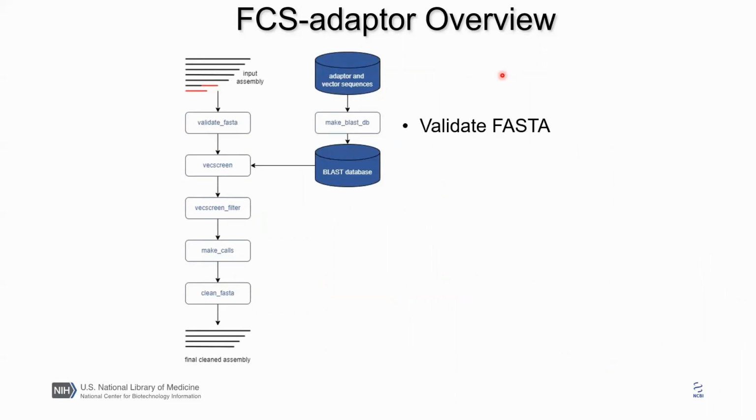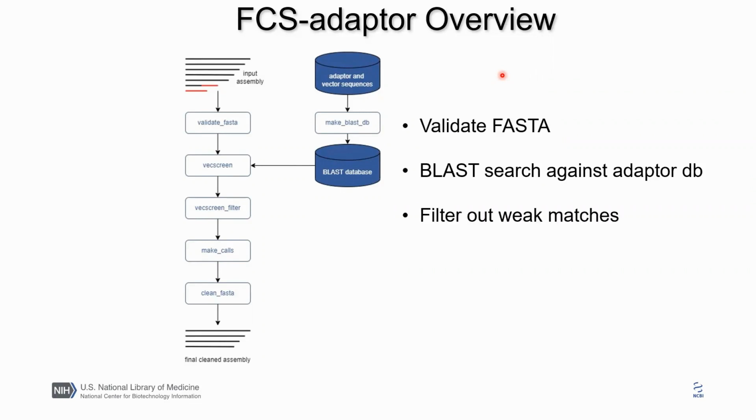The general workflow involves a FASTA format validation step, a BLAST search step using high stringency parameters to look for exact or near exact matches, a filtering step to remove weaker hits, and a processing step to handle overlapping hits in edge cases. The pipeline produces a cleaned FASTA file that has sequences either trimmed or removed depending on the extent of the adapter matches.